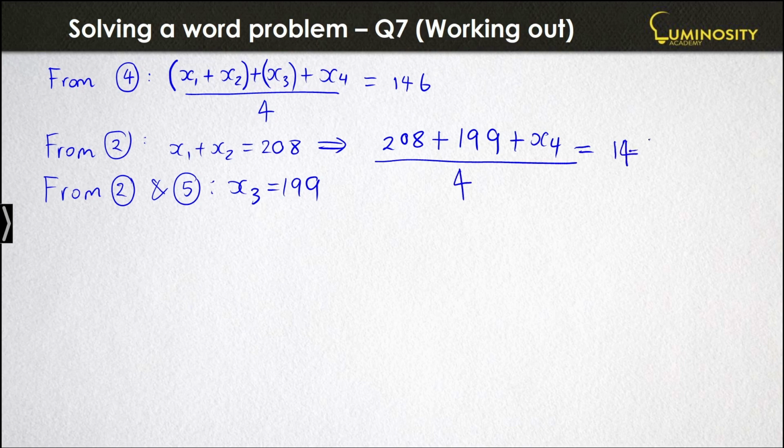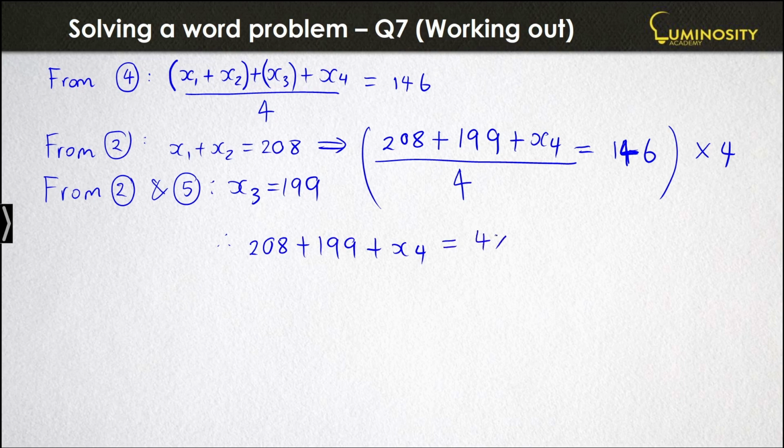I can now solve this fractional equation, this algebraic fraction. I multiply both sides by 4 to get rid of that denominator of 4. Doing so, I have 208 plus 199 plus x4, and that's going to equal 4 times 146.